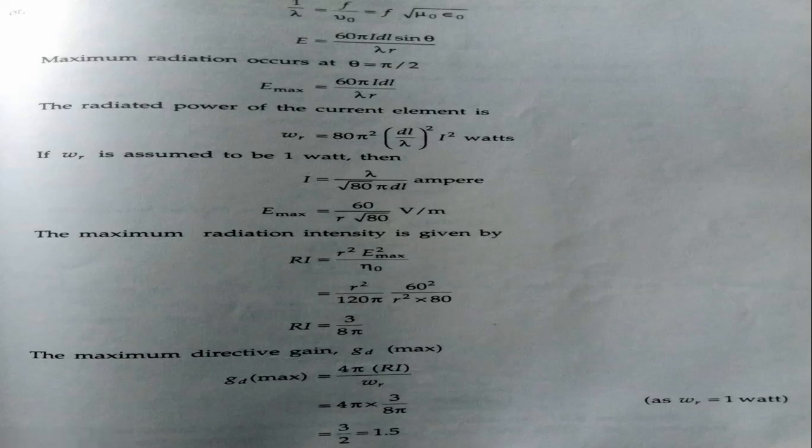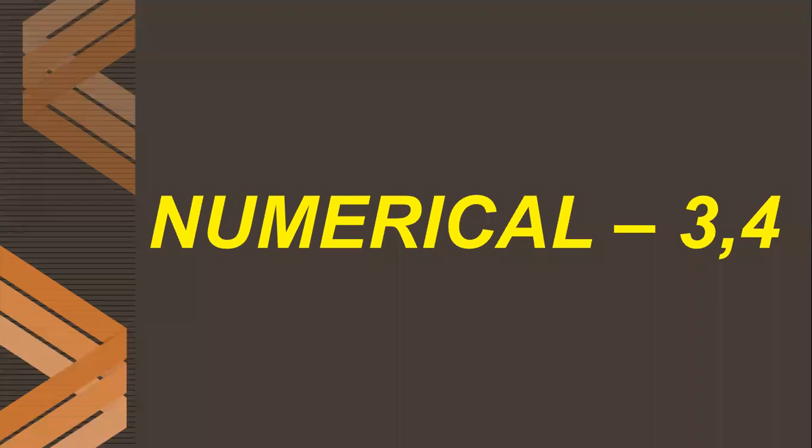So 4π will be as it is. What is RI? RI is nothing but 3 by 8π. Here again, this π will be cancelled out. In this way, you will get 3 by 2, that is nothing but 1 by 8.